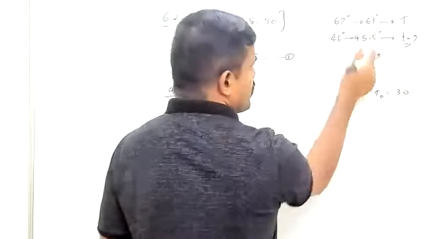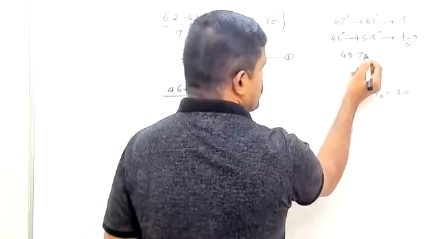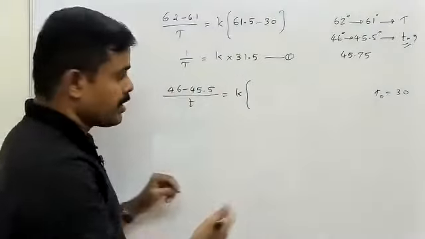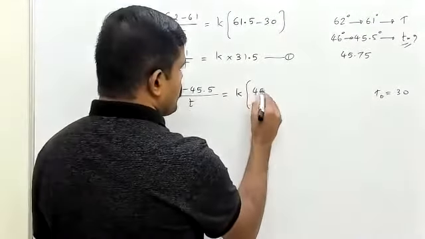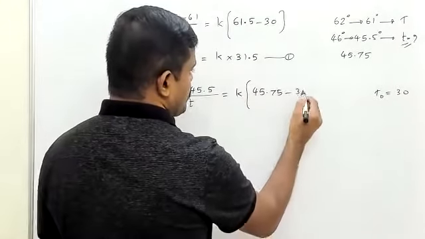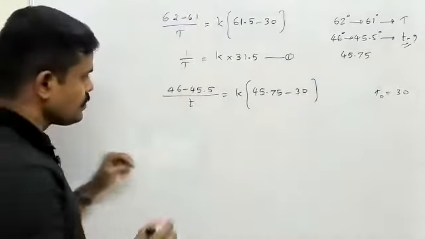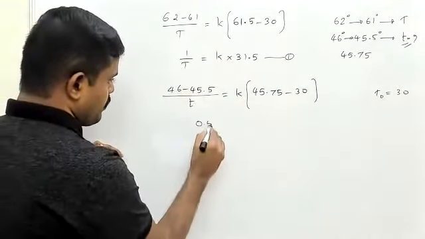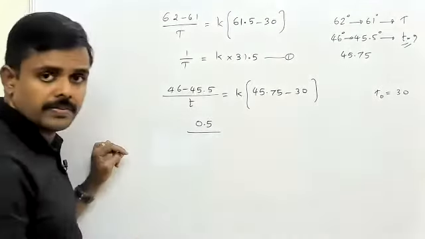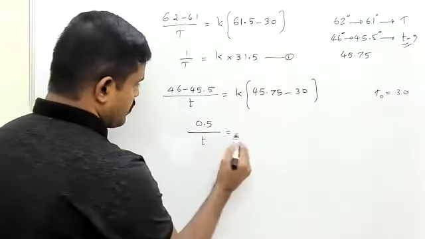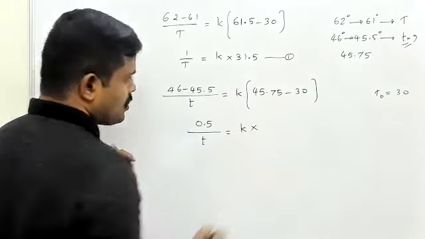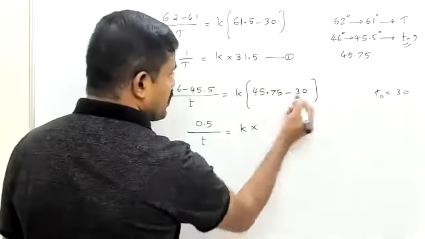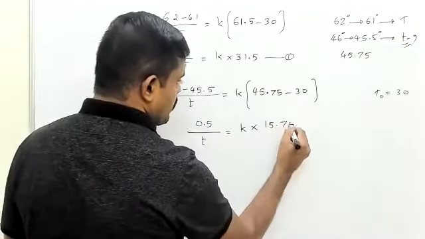Add it to the smaller quantity. So the average is 45.75. Minus ambient temperature 30. 46 minus 45.5, that is 0.5, divided by t is equal to K into 45.75 minus 30, which is 15.75.